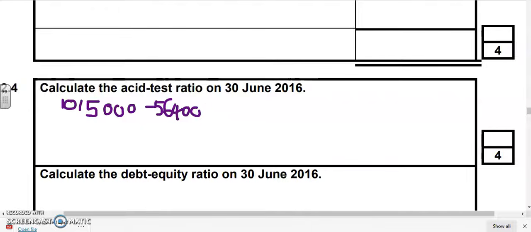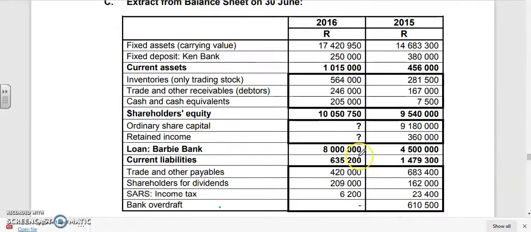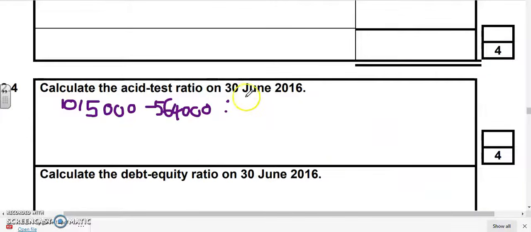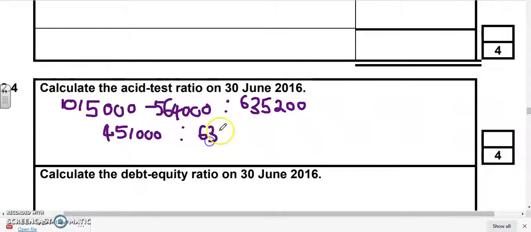Our current liabilities are 635,200. Once I subtract 1015 minus 564, I get 451,000. 451,000 is to 635,200.